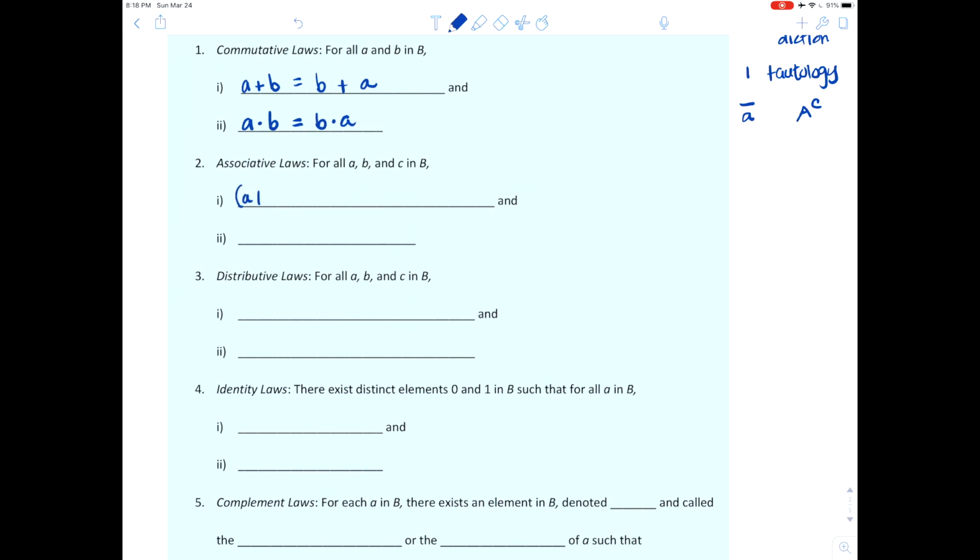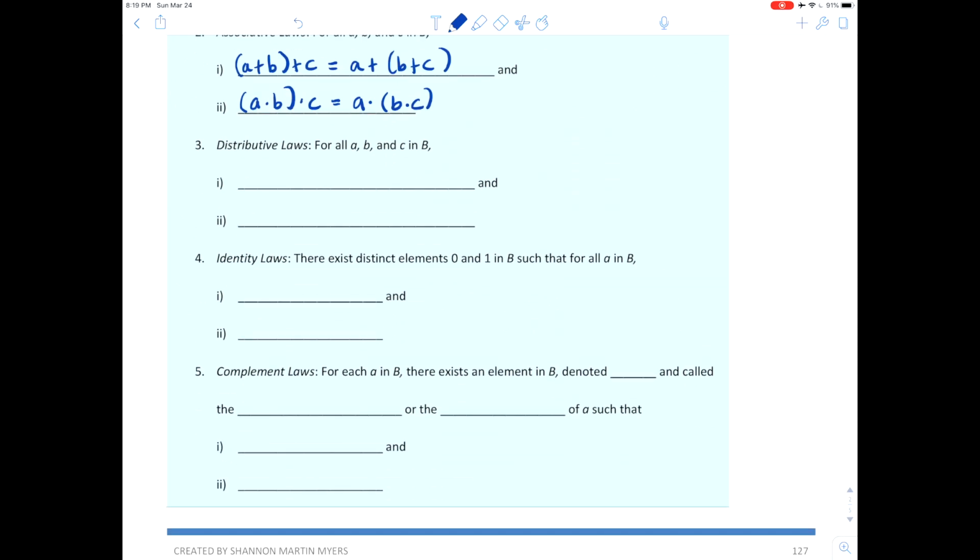Associative laws, for all A, B, and C in B for Boolean. The quantity A or B, or C, is equivalent to A or the quantity B or C. And the quantity A and B, and C, is equal to A and the quantity B and C. Distributive laws. These are going to look a little strange, but it's all right.